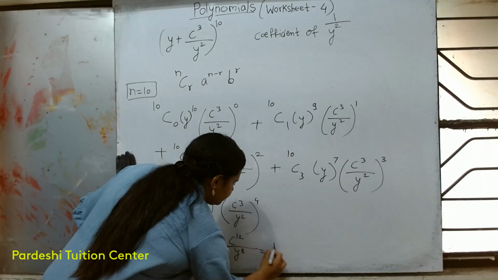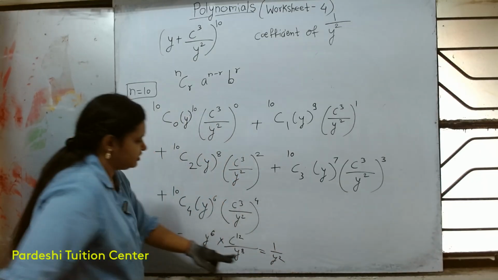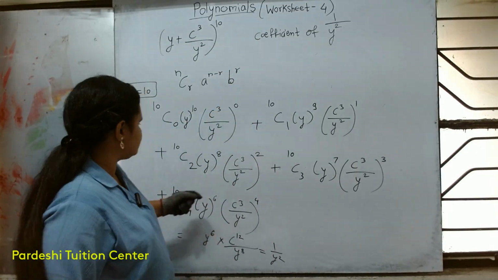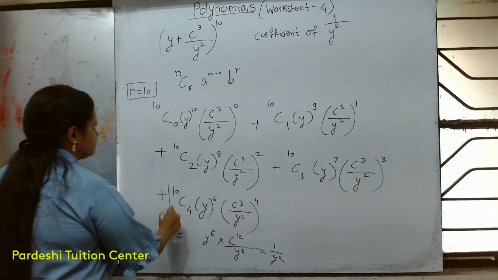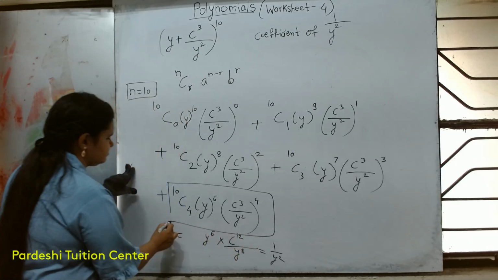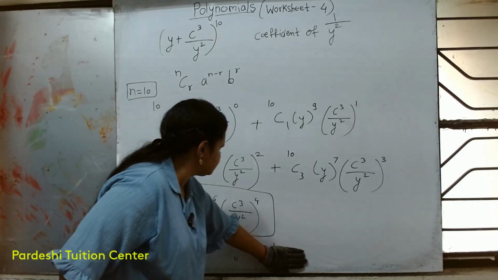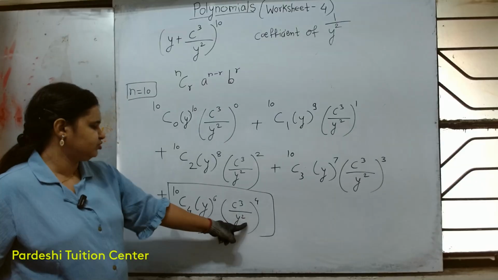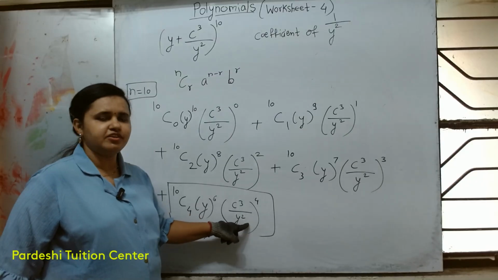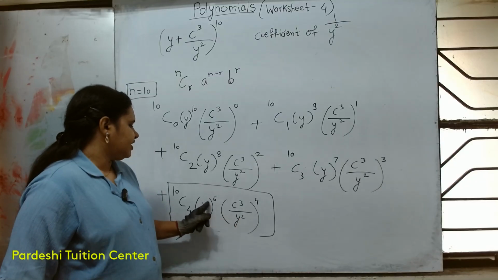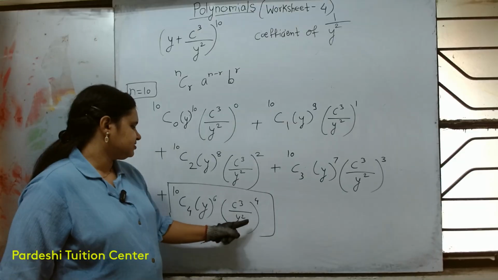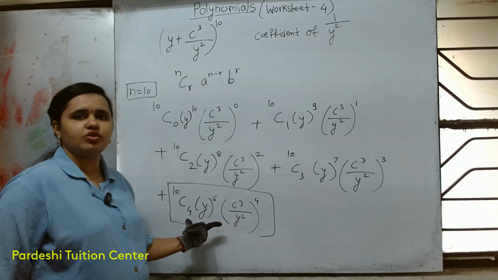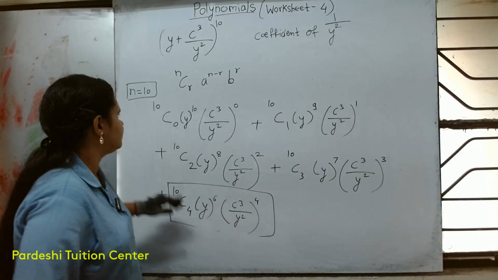So we have found the term with 1 upon y square coefficient. So this is the term. In this term we will get 1 upon y square, because y to the power 8 it will be, and y to the power 6, y to the power 6 will get cancelled and remaining is 1 upon y square. So we have to find this one, the coefficient of 1 upon y square.